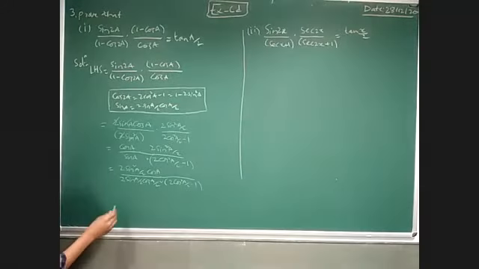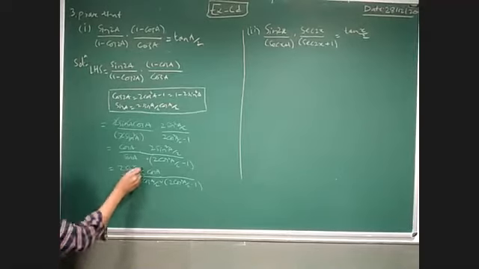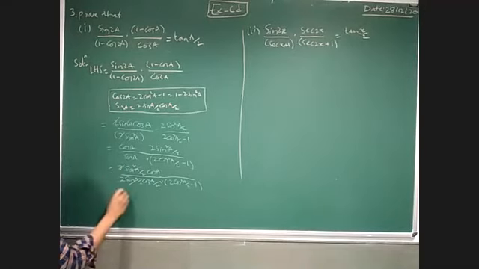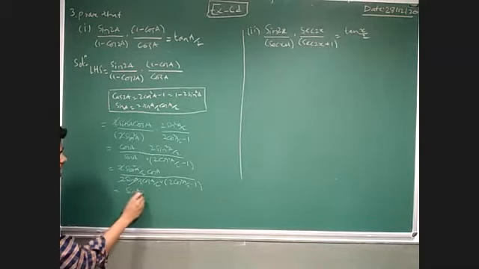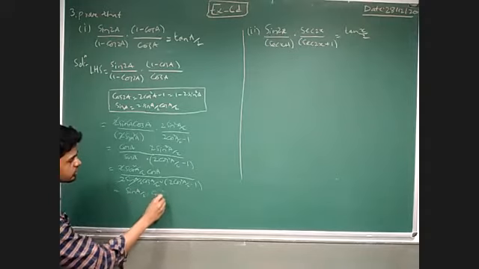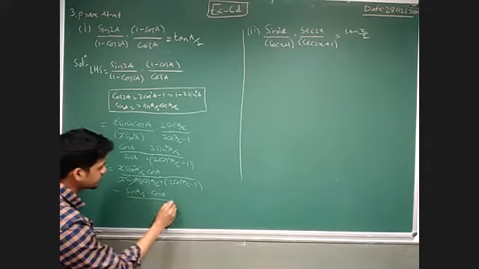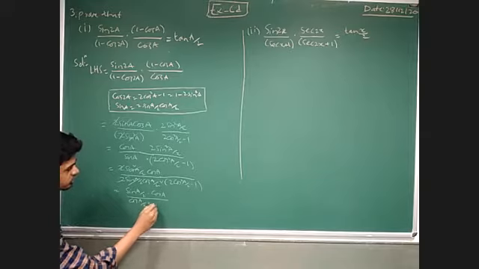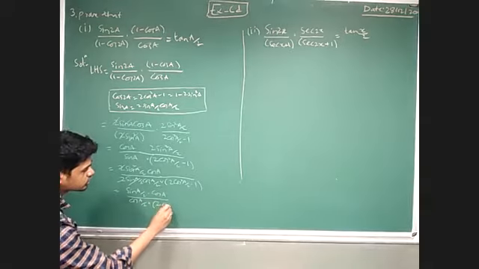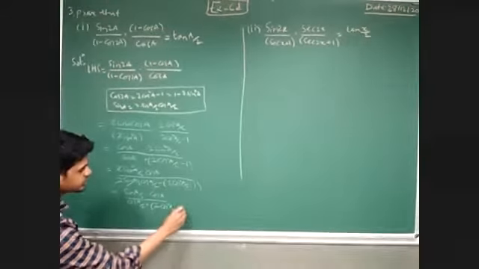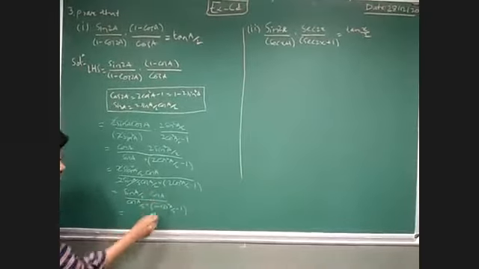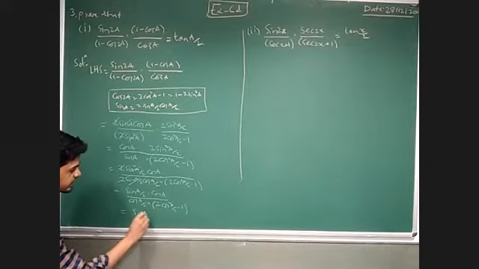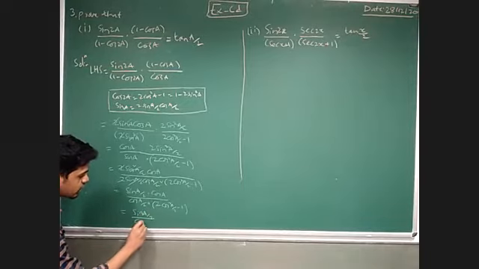From here I can cancel this and cancel this. So here I will have sin A by 2 into cos A, and here I will have cos A by 2 into 2 cos square A by 2 minus 1, and this is nothing but sin A by 2 and cos A by 2.